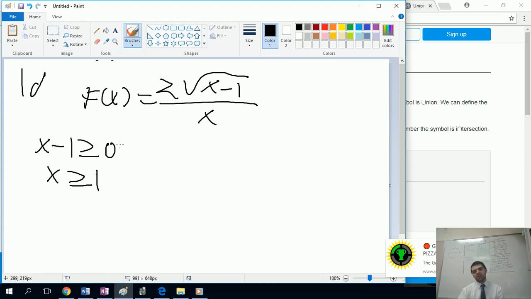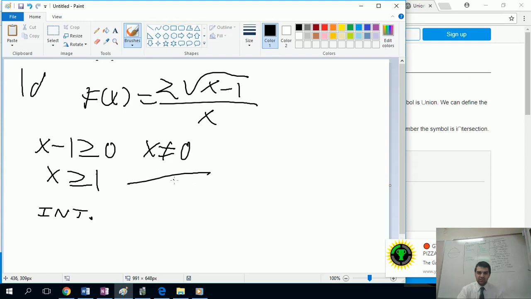Add 1 to each side. X has to be greater than or equal to 1, because if x is going to be anything less than 1, it would be negative. Okay, and then x cannot be equal to 0.